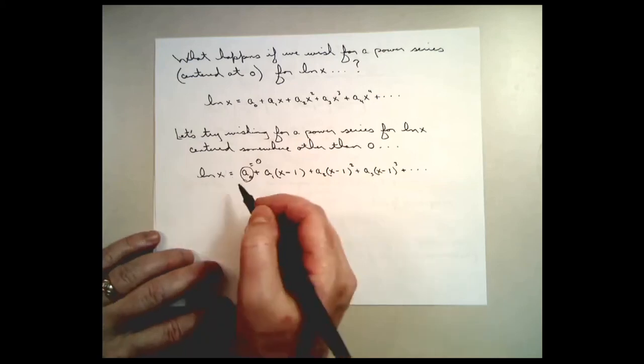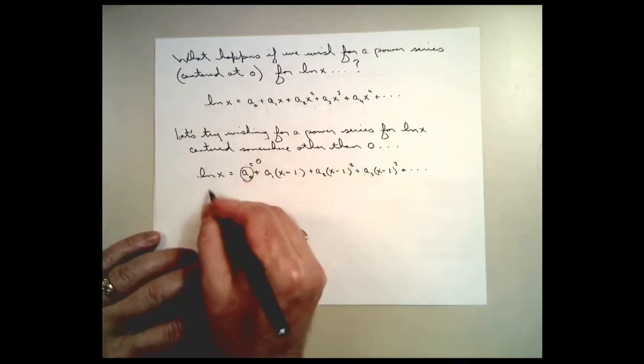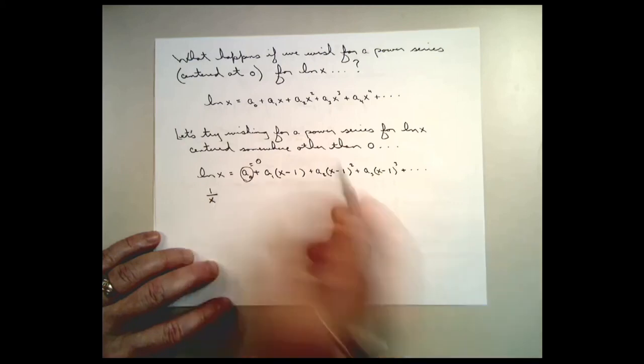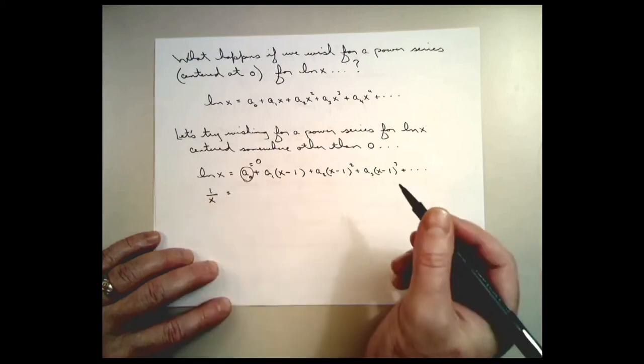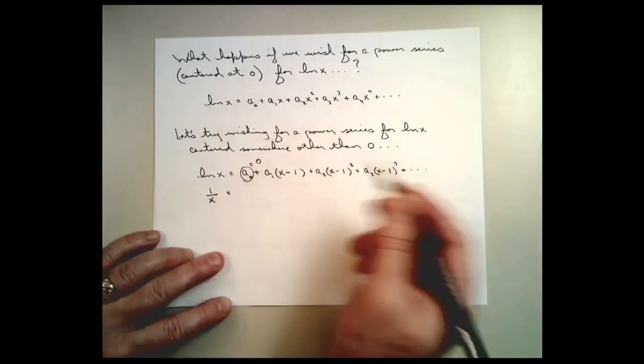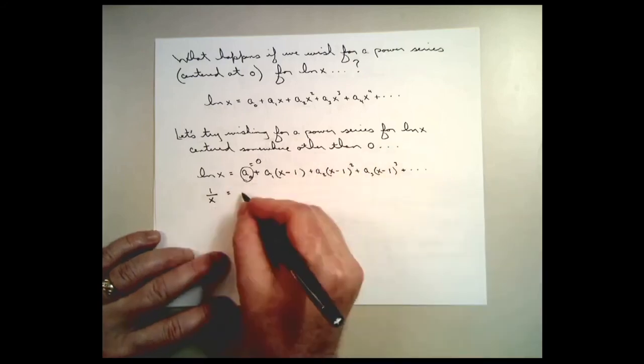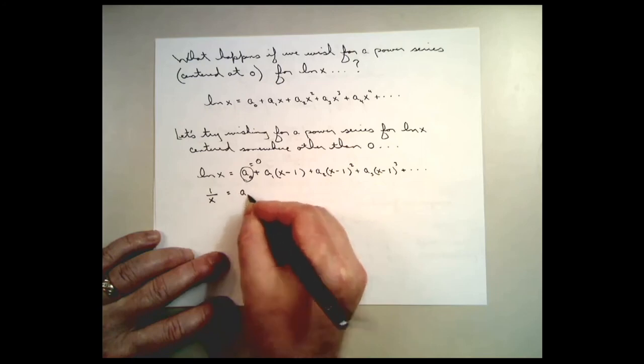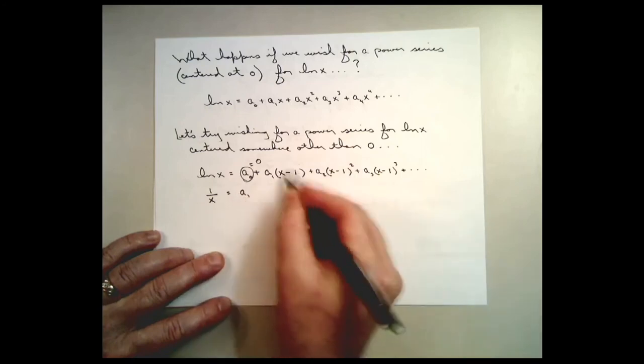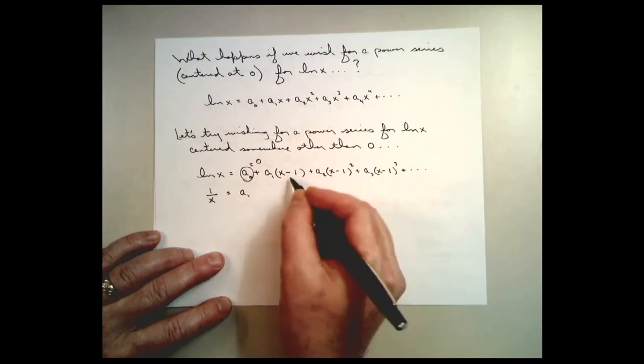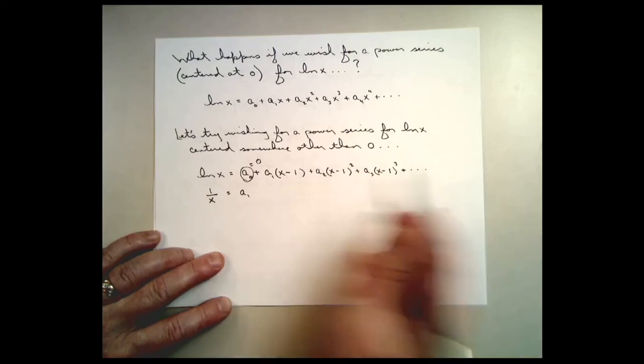Derivative of natural log of x. Well, okay, that's 1 over x. And the derivative of the right-hand side, let's see. So this is going to be a sub 1 times the derivative of x minus 1. Well, derivative of x minus 1 is 1.